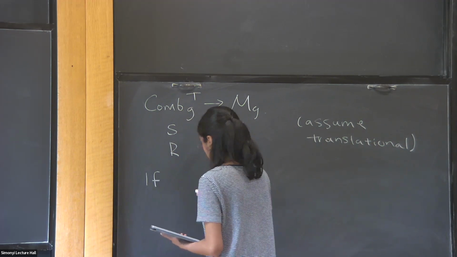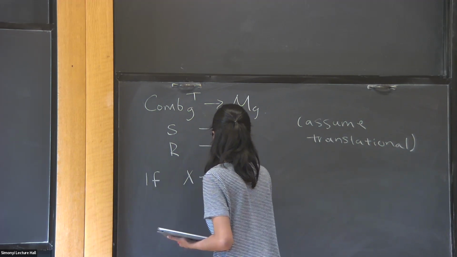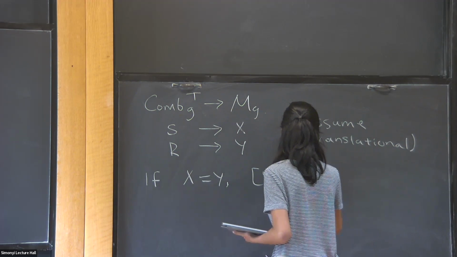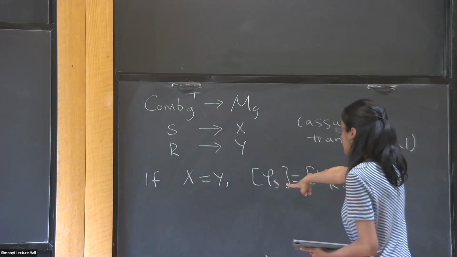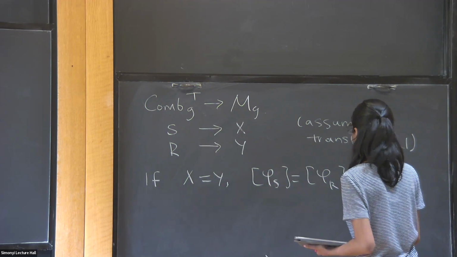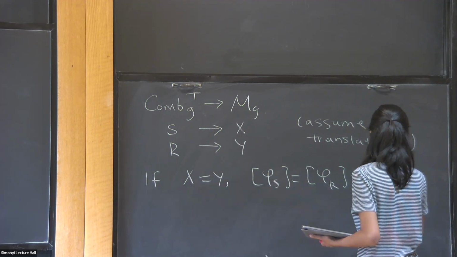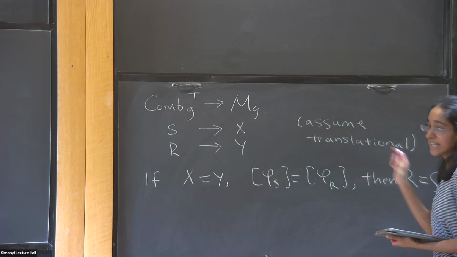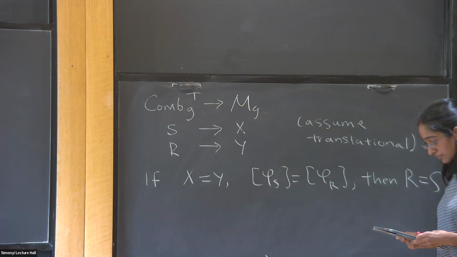If X equals Y and phi S equals phi R, then R and S are the same triangulation.